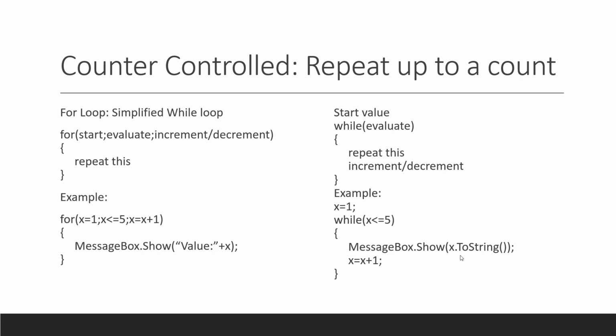The only thing I did different on the message box show is rather than have a quoted thing, I said x dot toString converts x directly to a string for output. You'll see that in the example program. And then x equals x plus 1 is our increment. And as it comes to the end of that, it'll go back up to the while statement to check.